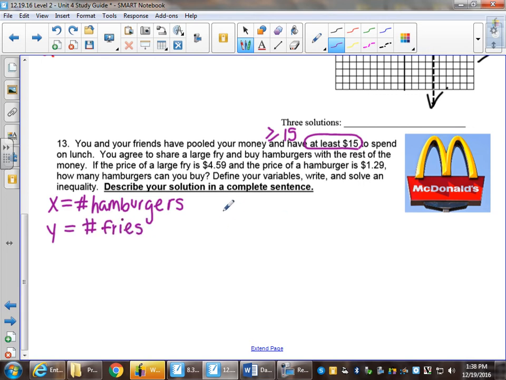Let's write our inequality. So you know a large fry is $4.59, but that goes with my y values. So I'm going to pull my hamburgers first. $1.29x plus $4.59y greater than or equal to 15.